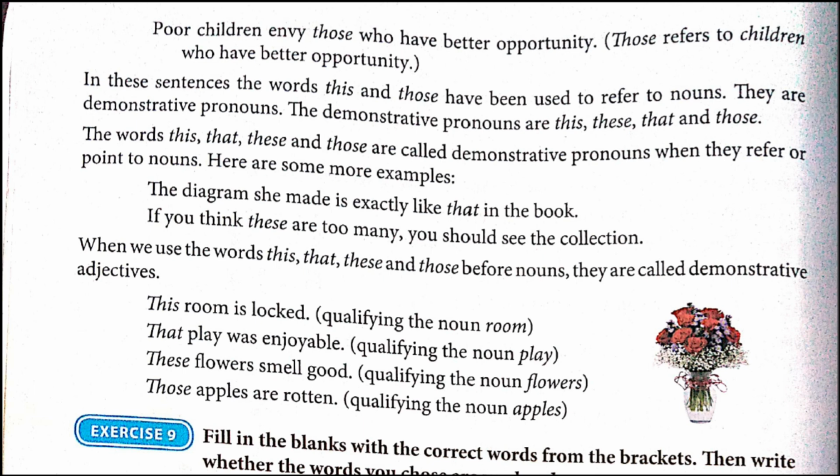This room is locked. Which room? This. So this is a demonstrative adjective, and next to it is room, qualifying the noun room. That play was enjoyable, qualifying the noun play. The demonstrative adjective is that, and next to it, play is a noun.